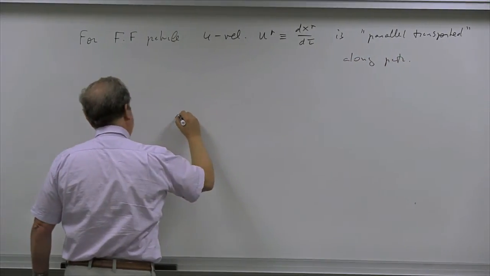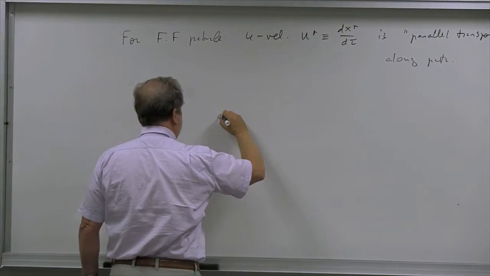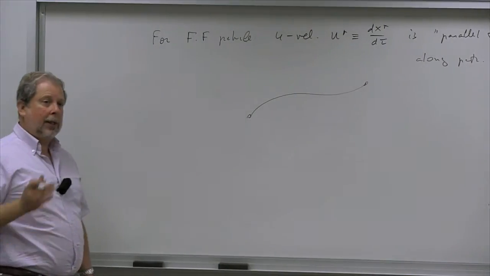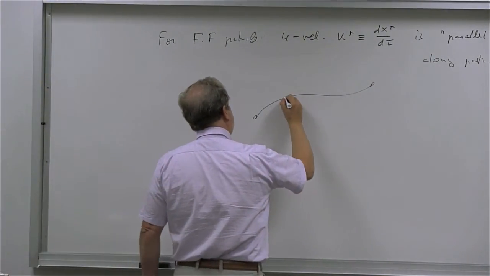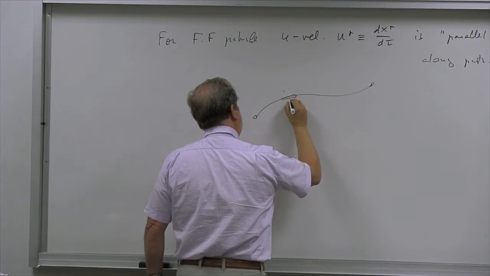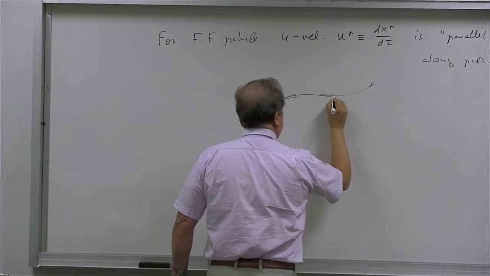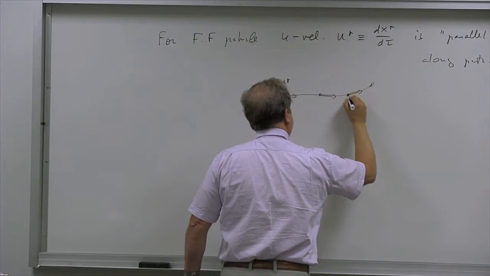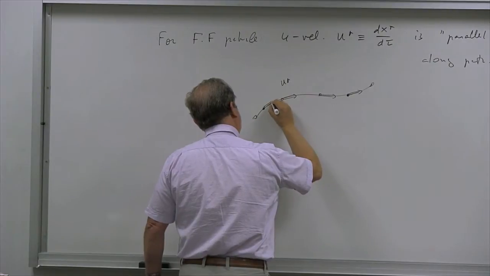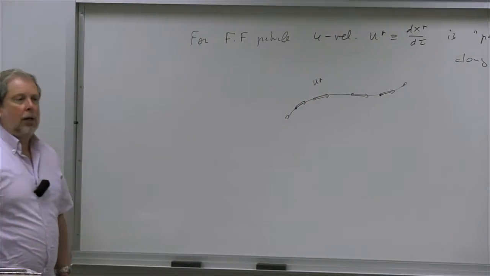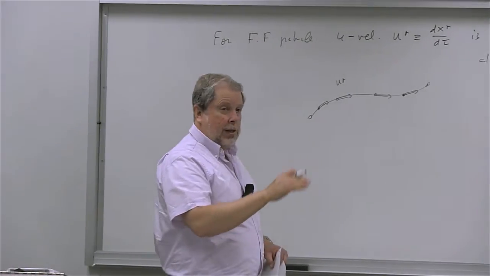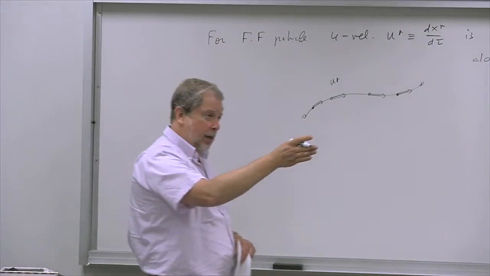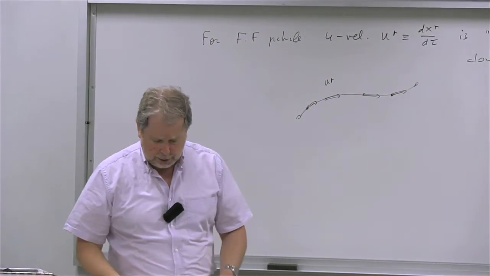So that means that the 4 velocity is always tangential to the particle's trajectory. Right? So it has this property that in the frame attached to the particle, the forward velocity is always like this. It has this property, right? So as a result, the geodesic is the straightest path, not only the shortest, but the straightest, because the velocity is always going in the direction of the motion, right?